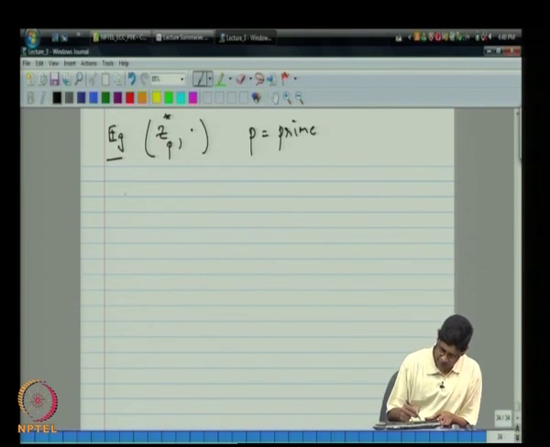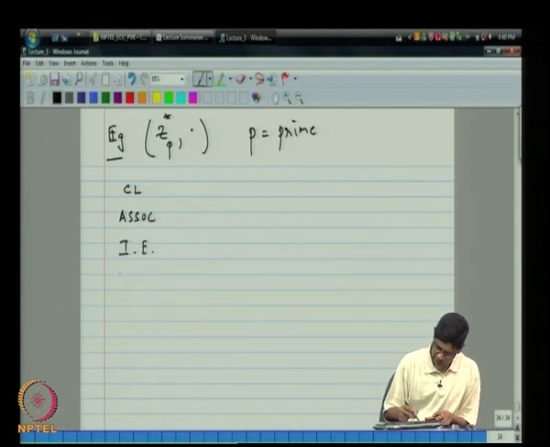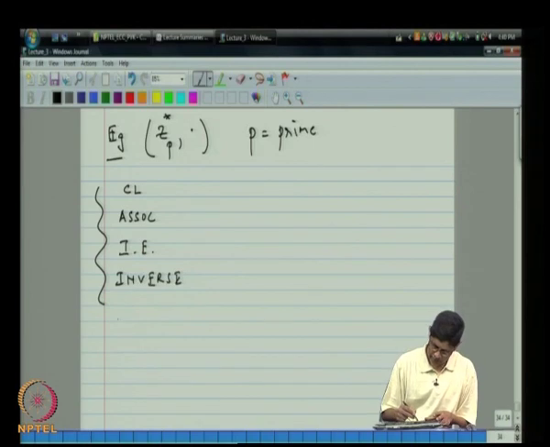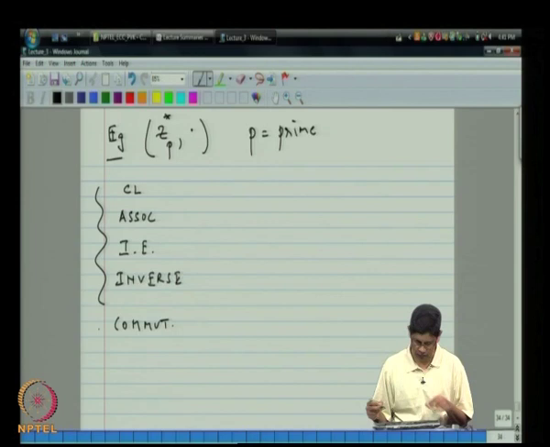And again we have to check for the following axioms: closure, the associative property, the presence of the identity element, the inverse, and whether it is commutative if you want it to be an abelian group.